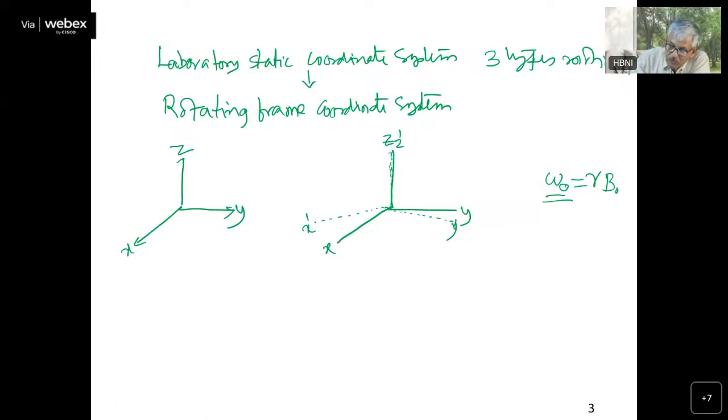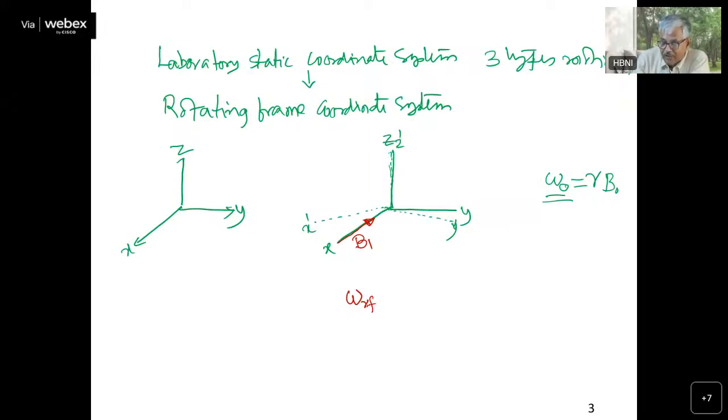Now we are putting in the B1 field, with a rotational frequency, the radio frequency, omega RF.